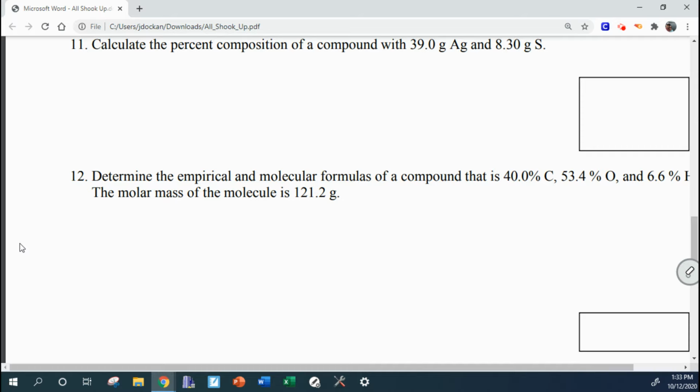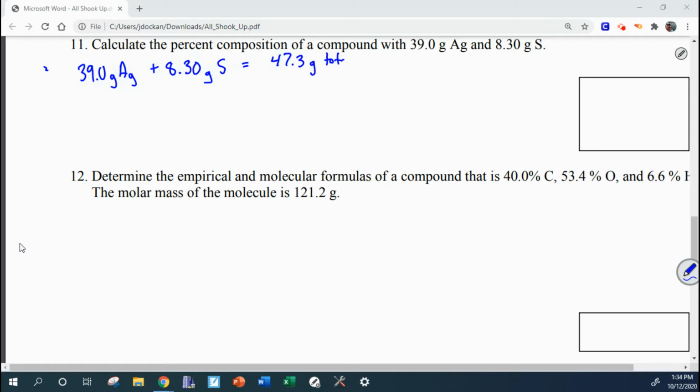So when I add, let me go ahead and write this out. When I add 39.0 grams of Ag plus 8.30 grams of sulfur, my total mass is 47.3 grams.